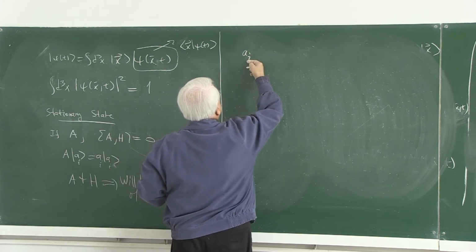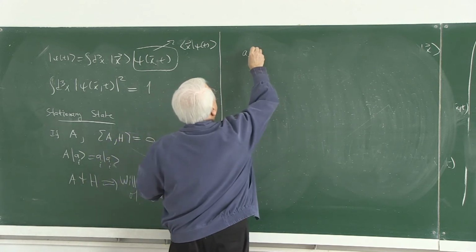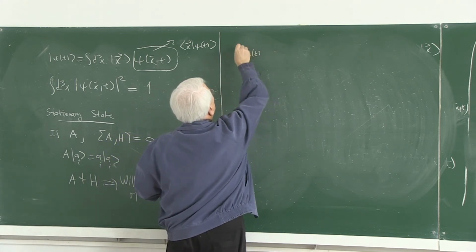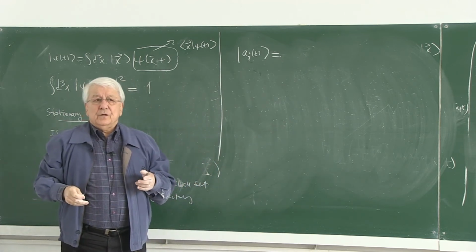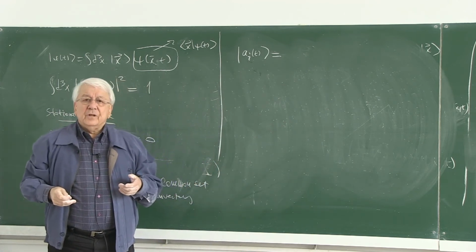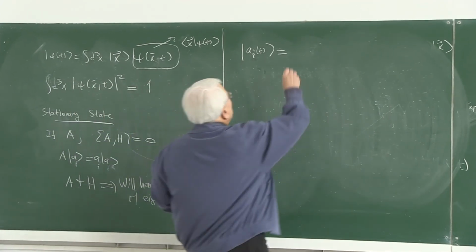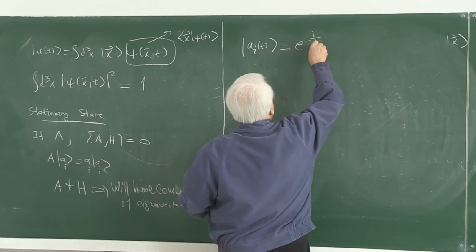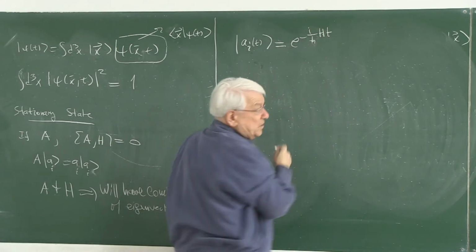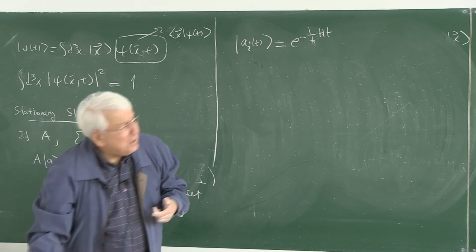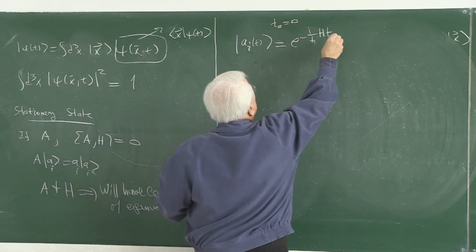What is the time evolution of these a_i vectors? How do they evolve? Well, they evolve under the general time evolution rule, right? If H is itself time independent, then this is e to the minus i over h bar H t, starting at t equals 0. Let's take t_0 equal to 0 to make the notation simple.